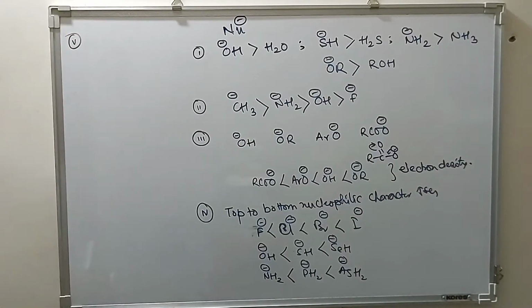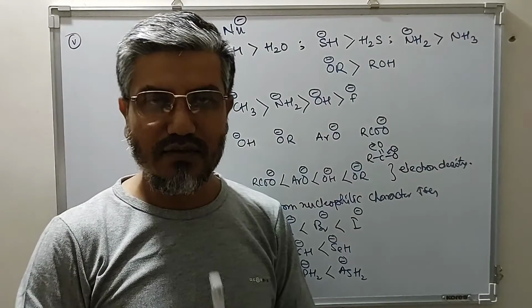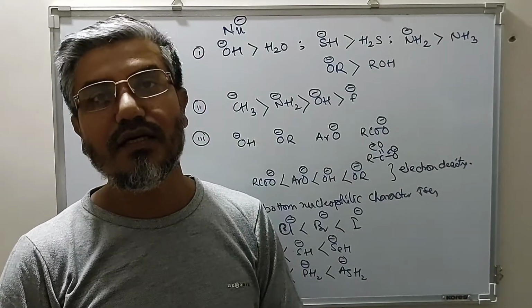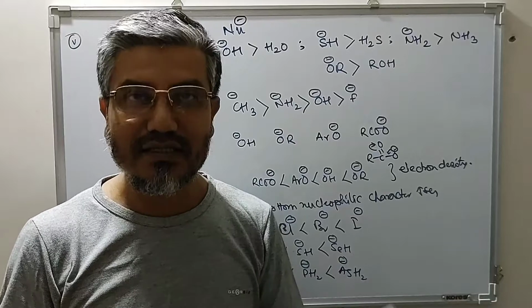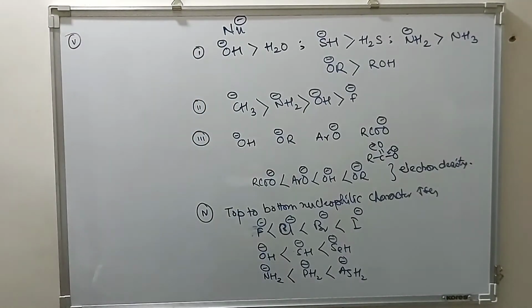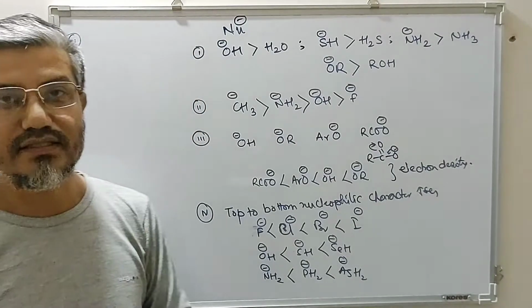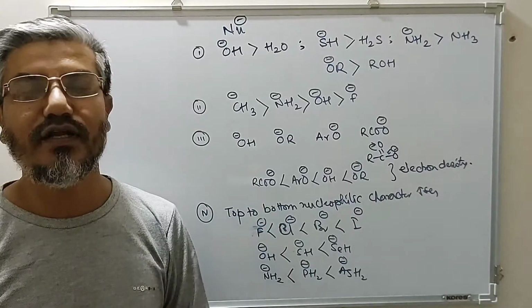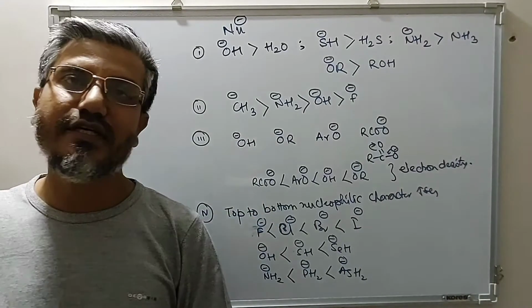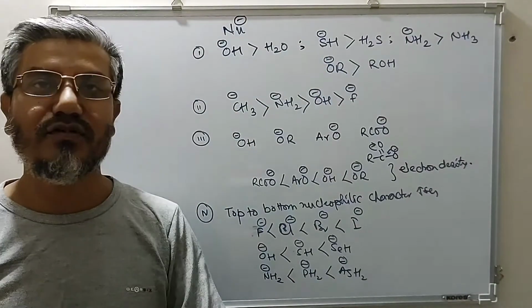Number 5. Now we have the same nucleophilic atom, but the steric bulkiness is different. As the bulkiness increases, as the size of the attacking nucleophile increases, the tendency to approach the electrophilic carbon will decrease.